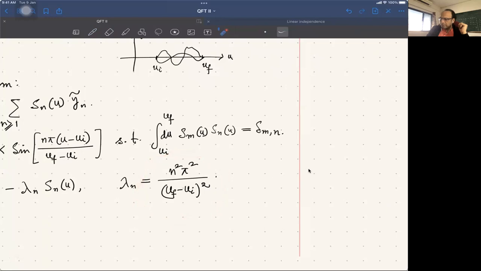When you weak rotate back, this uf minus ui becomes tf minus ti with an additional minus sign.